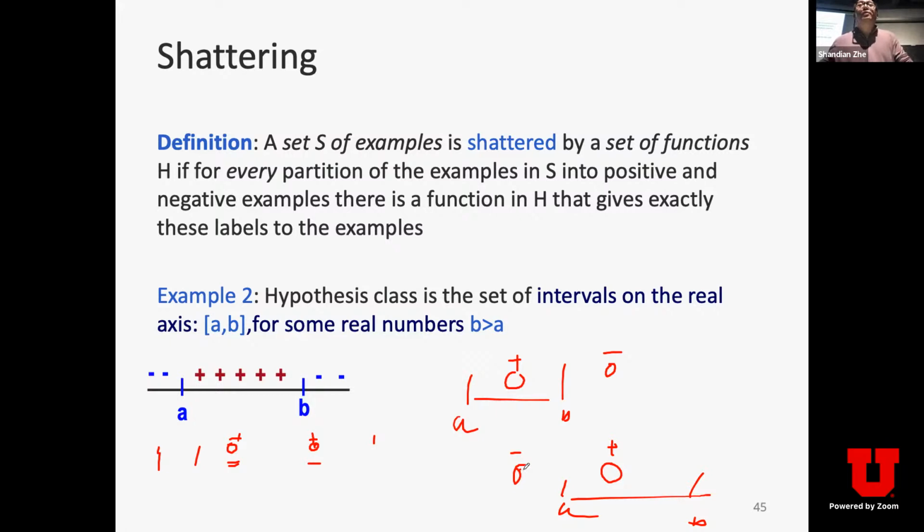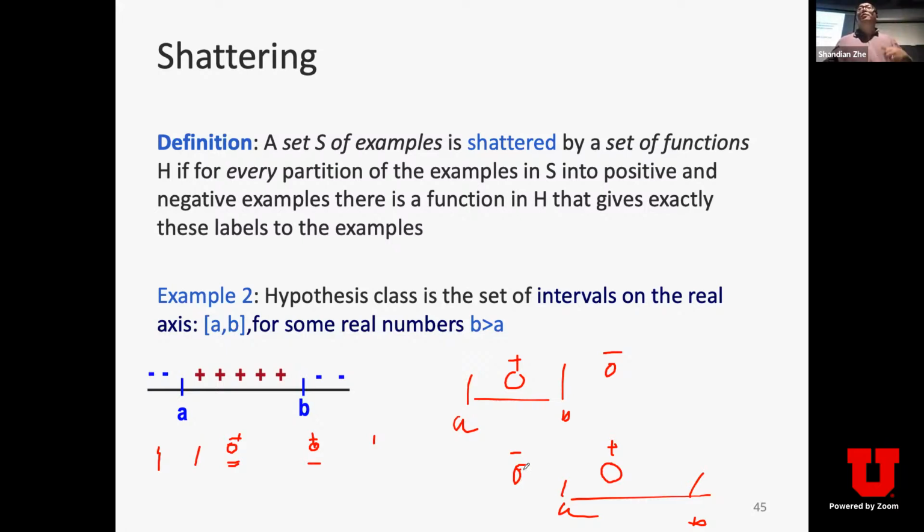So now we have enumerated all 4 possible labelings over these 2 points. We find that for every possible labeling, we have a corresponding interval classifier that correctly predicts the labels. So now we find that our interval hypothesis space can shatter 2 points.